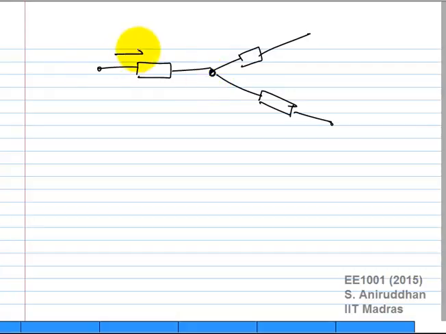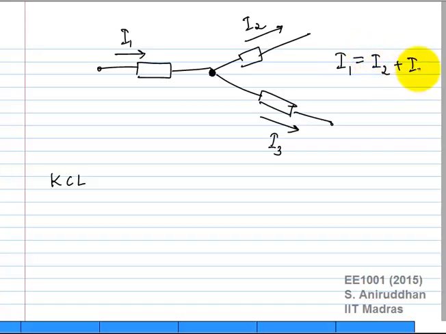I have a current I1, I have a current I2, I have a current I3. I can apply this principle of conservation of charge at this node. What will that tell you? For this specific case, I1 has to be equal to the sum of I2 and I3.